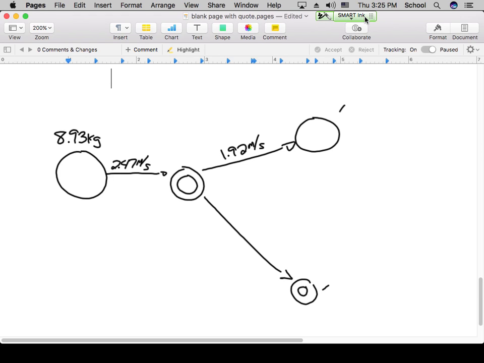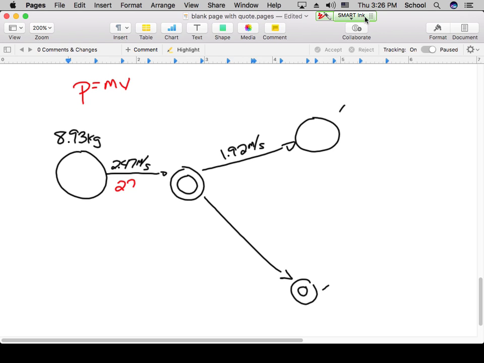Well, again, what is it that gets conserved in the collision? Momentum. So it's not going to be velocities, it's going to be momentum. So every time we put a drawing out here, we want to make sure momentum numbers are on it and not the other thing. So momentum is really easy to calculate. P equals mv. So I have an m, I have a v, I multiply these two together and I get, I'm thinking a number, 8.93 times 2.47.